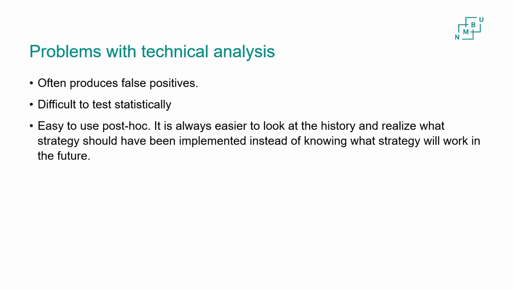Well, the problem is that even though you do technical analysis, you often get false positives, which means that you get a signal to take a position. For example, you get a bullish signal, you want to buy the asset, but the asset moves in the opposite direction. And this is actually somewhat difficult to test statistically.